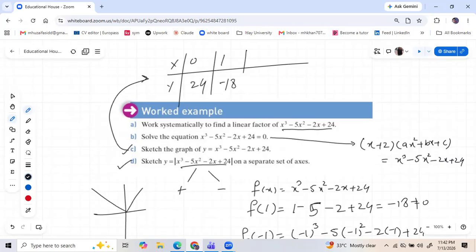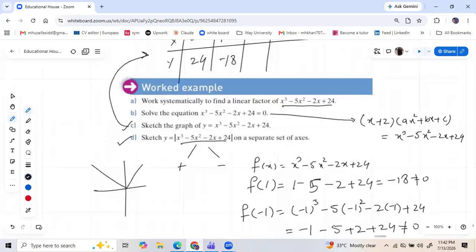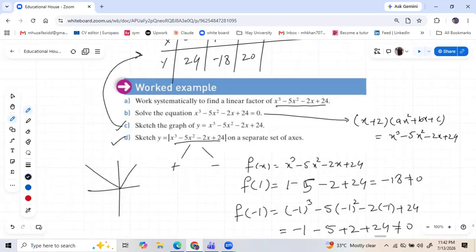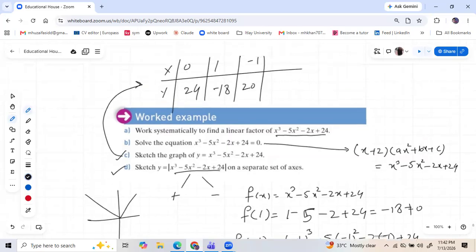And when we set -1, we add 24 plus 2, this is 26, 26 minus 6, this is 20. Got it? So on the basis of this, you can make the table, and after this, you have the absolute function, and you also explain how you can make it. So is there any confusion regarding this problem?